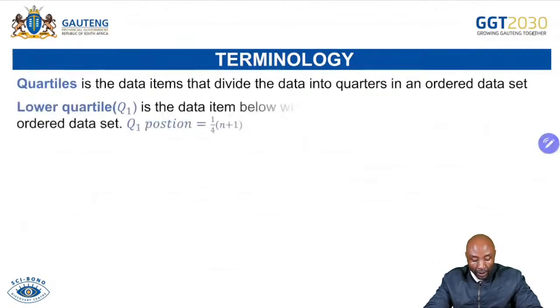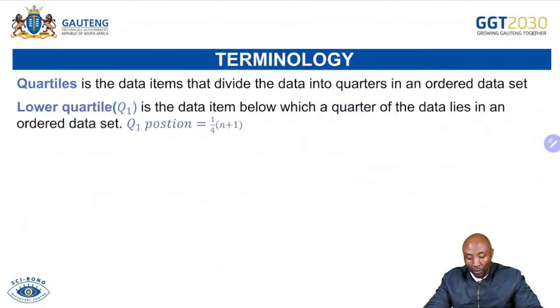Now, we move forward. We also look at quartiles. We can group our data items into quarters, in which case each quarter represents 25% of the data items in the set. Now, we have the lower quartile.